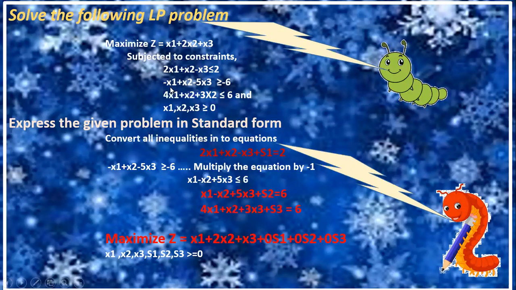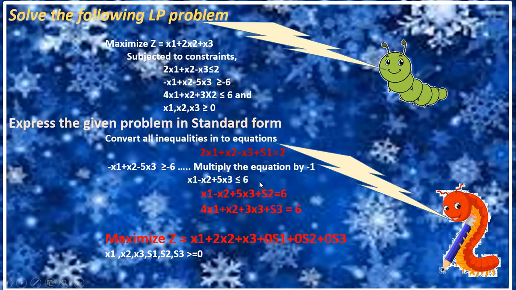The equation becomes x1 minus x2 plus 5x3 less than or equal to 6. We have to carry out this operation very carefully. If you multiply by minus 1, the greater than or equal to sign will become less than or equal to, and less than or equal to will become greater than or equal to.